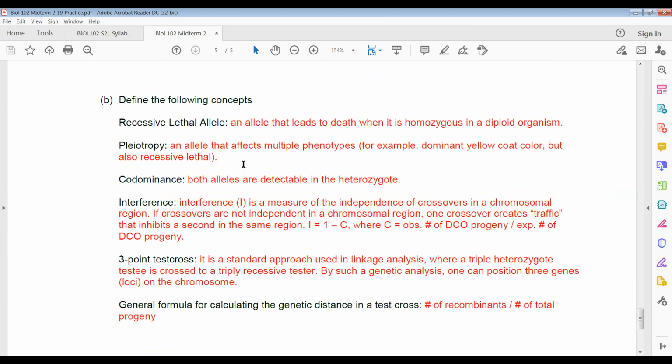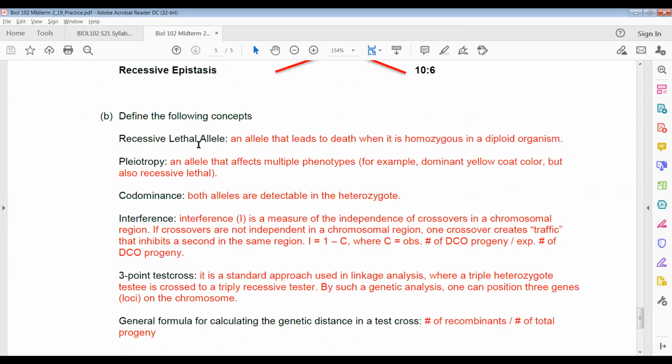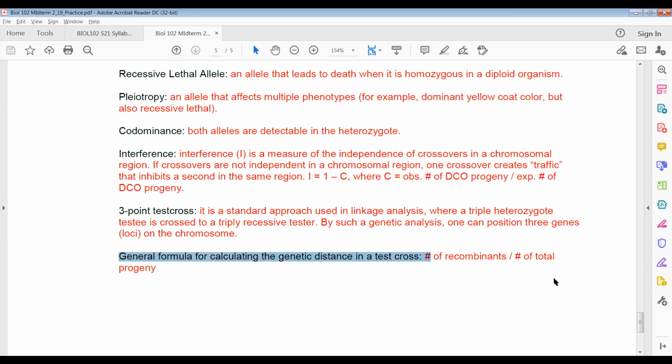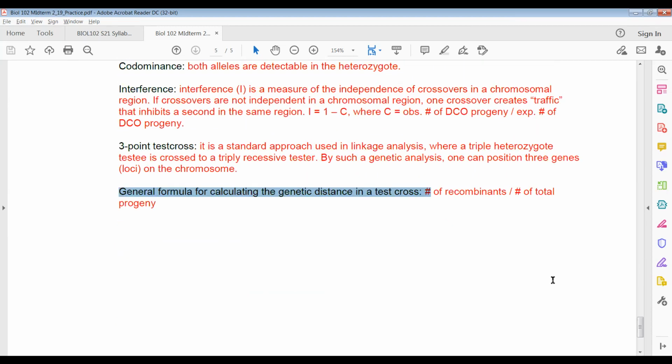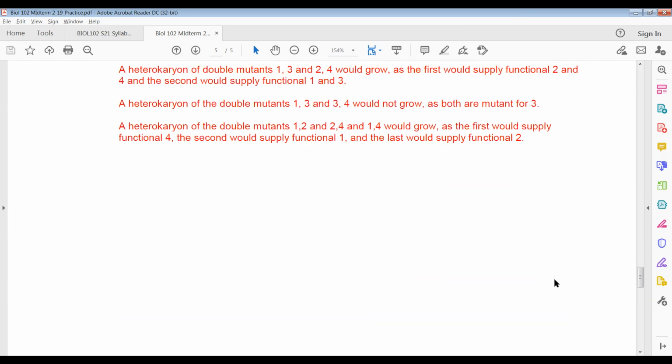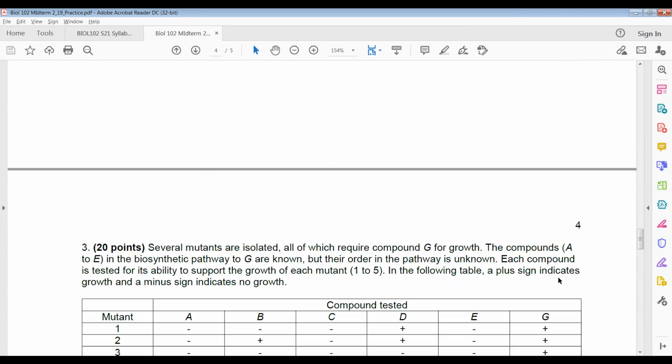And of course, finally, I'm going to give you some questions like this. I will give you some concepts, and you need to understand them and give me the description of each concept. All right, so that's the review for the practice test for the second midterm.